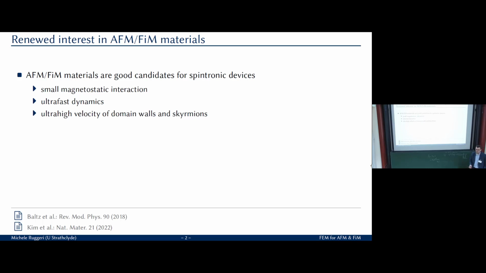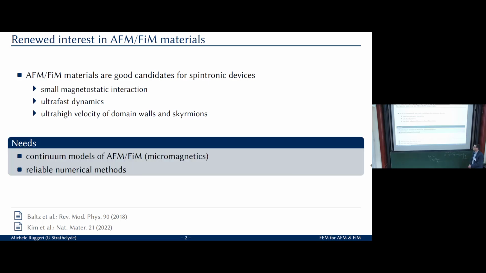In particular, to improve some of the functionality of spintronic devices based on ferromagnets, because of some interesting properties, such as small or even zero, in some situations in the ideal case, magnetostatic interaction, which allows you to put different magnetic elements close to each other without them interfering, for instance, or ultra-fast dynamics, so things happen on a faster time scale, and at the same time they still exhibit features like domain walls and skyrmions, like in ferromagnets, but they move faster again. So in view of applications, this is nice.